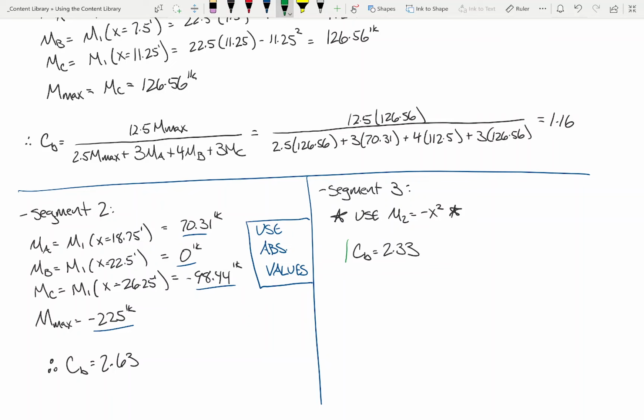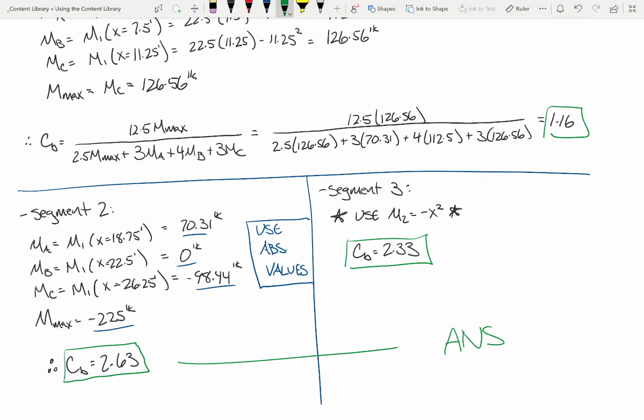I want you to practice that one. For the M2 equation, you start from x equals 0 again? Yes, for this one, you would start from x equals 0. But for the other one, you keep going with the first expression, because that's the expression that we're using for that segment of the moment diagram.